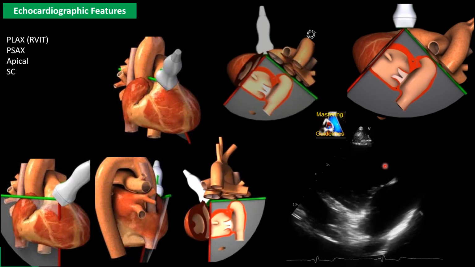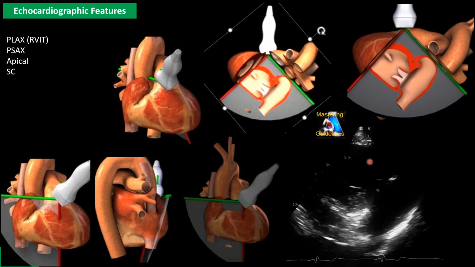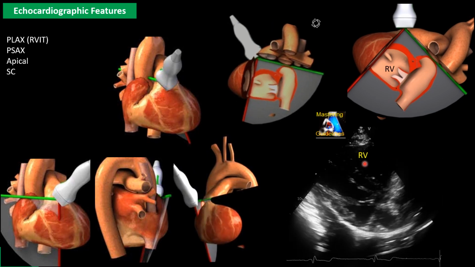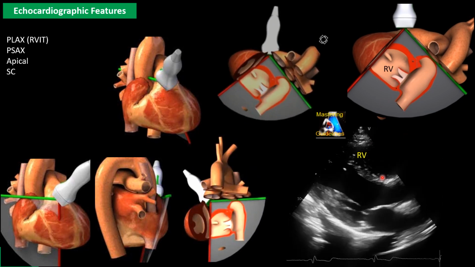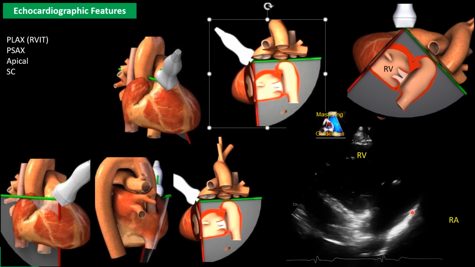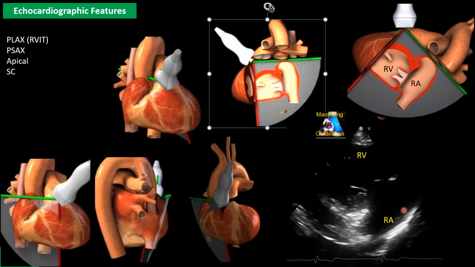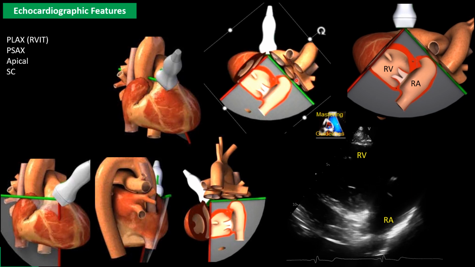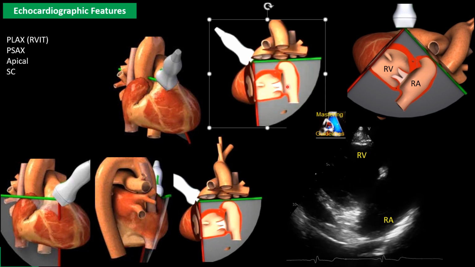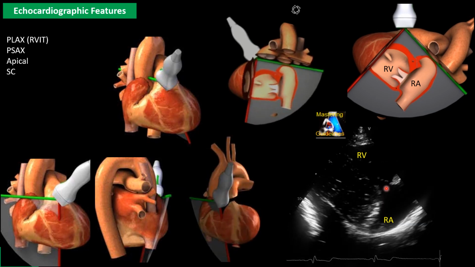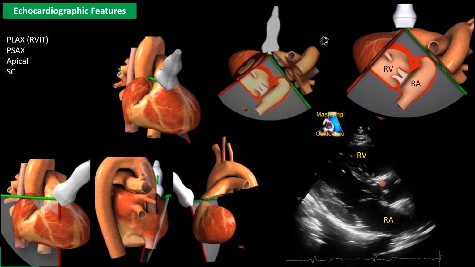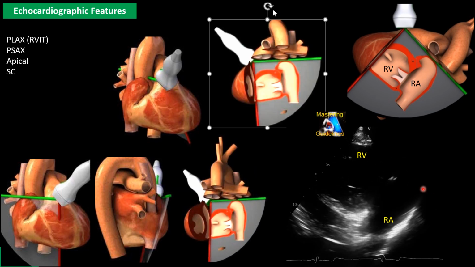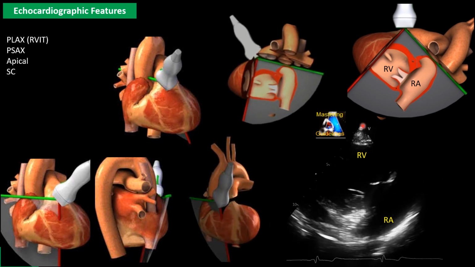Finally this gives us the impression of the RVIT, which includes the right ventricle here, and then the right atrium at the bottom. Depending on our probe orientation, angling and location, which of those 3 leaflets can be seen will be different. Let's go and see how.